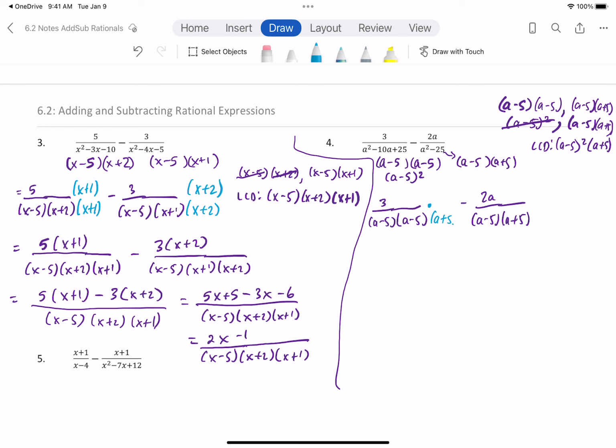What I need is an a plus 5. And for the second one, I have 1 a minus 5 and an a plus 5. So I need a second a minus 5.